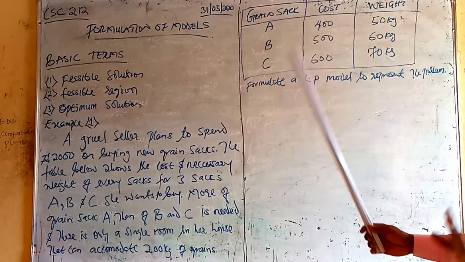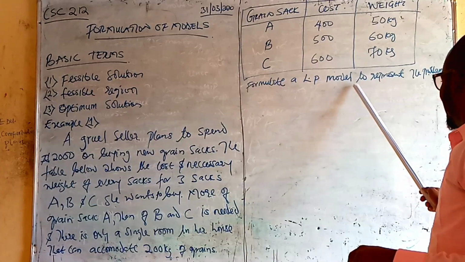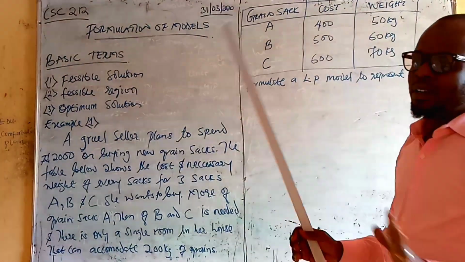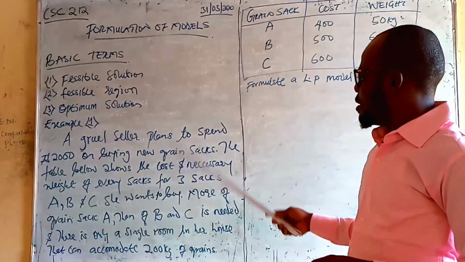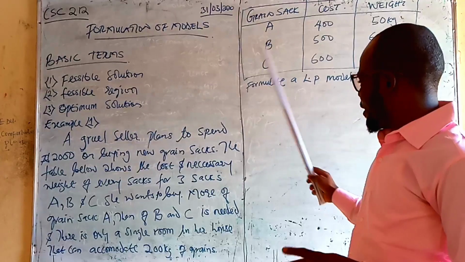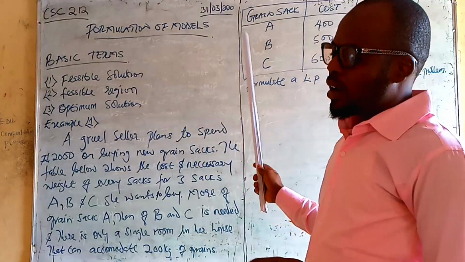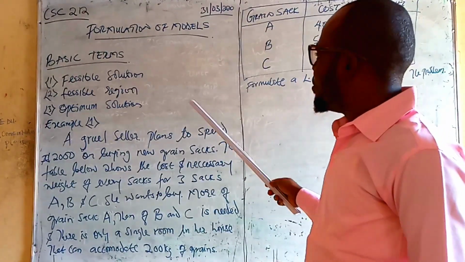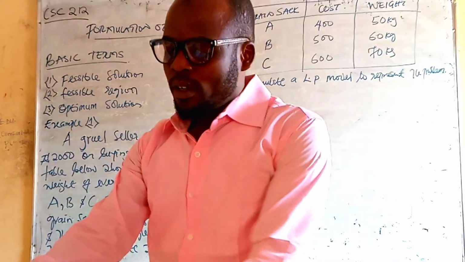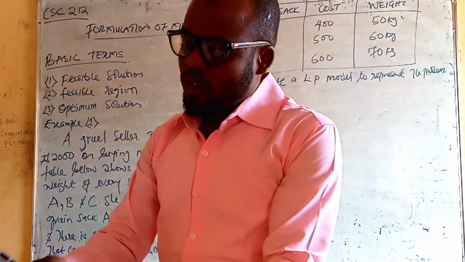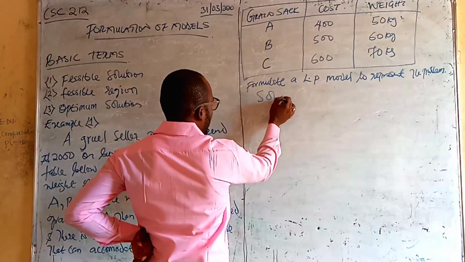So all we are asked to do now is to formulate a linear programming model that is going to represent the problem. We can do that by following the normal procedure on how to solve a problem of linear programming models.